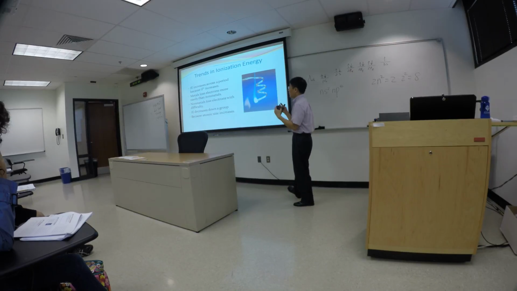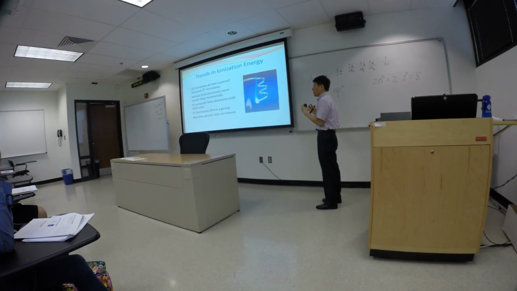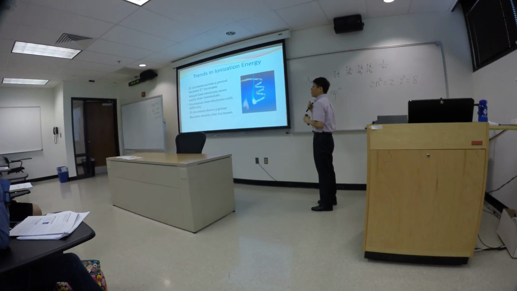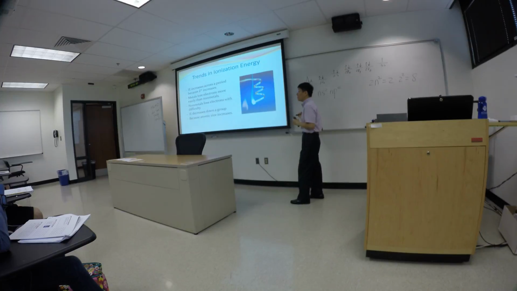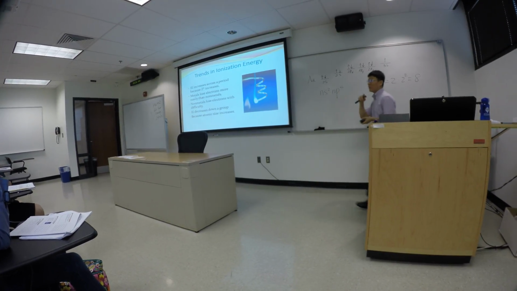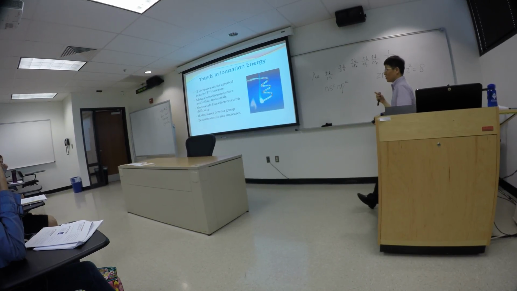As a result, the effective nuclear charge is actually increasing. There's a stronger attraction. So going from metal to non-metal, it becomes more difficult to remove an electron. It takes more energy. Hence the trend going from left to right: within the same period, the ionization energy is increasing.